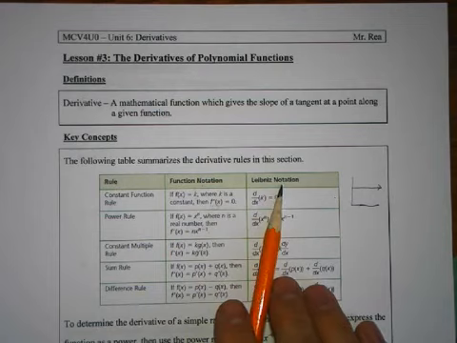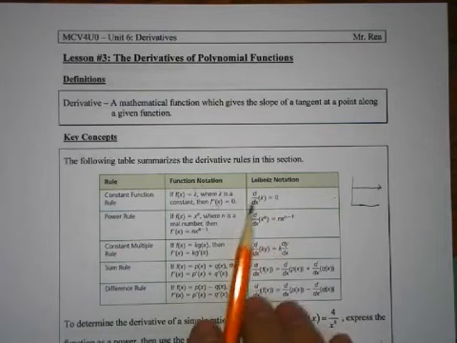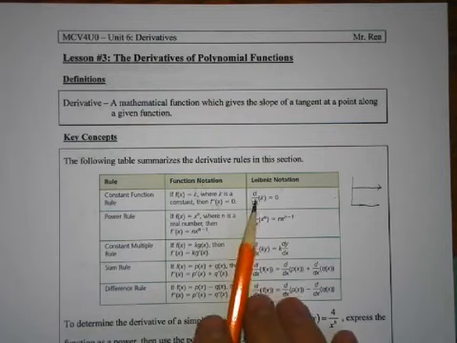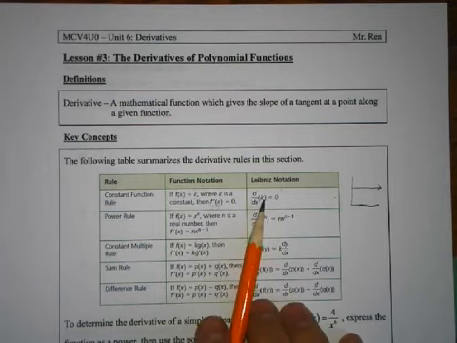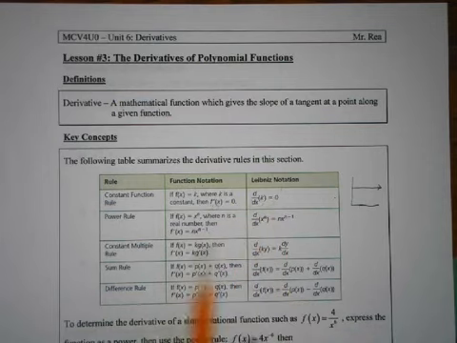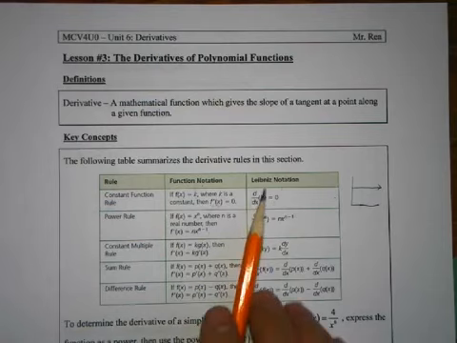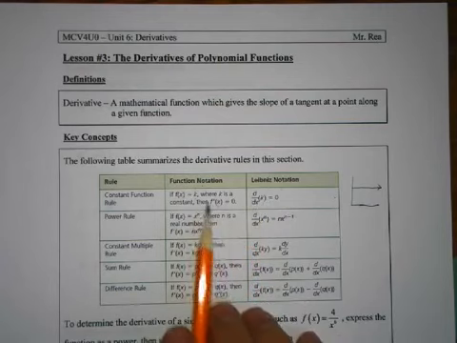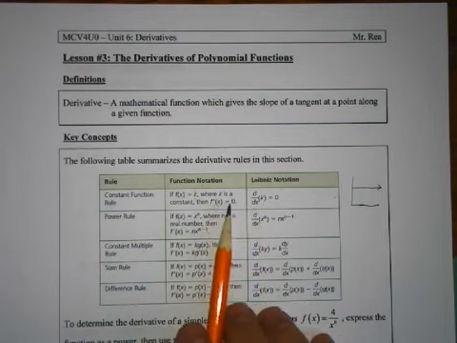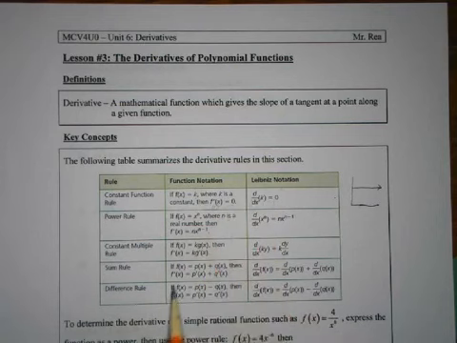So I guess we name a lot of things after him. So the way we can read this is the derivative with respect to x of k is equal to 0. Okay, so that's another way of just saying f prime of x is equal to 0. So that's the Leibniz way of saying it. And this is the function notation way, but you can see we have a 0 on both sides.